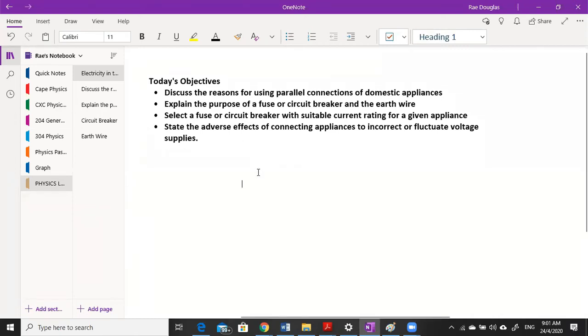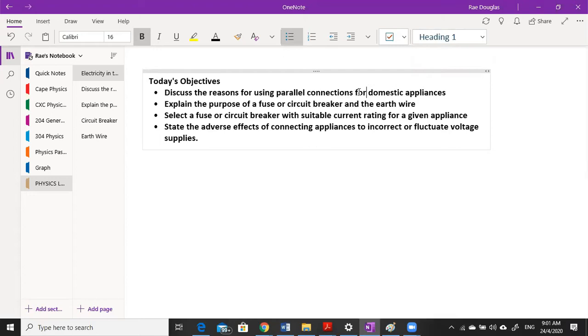So the first objective here that we want to cover is to discuss the reasons for using parallel connections. I would believe this is for domestic appliances. The second one would be to explain the purpose of a fuse or circuit breaker and the earth wire.